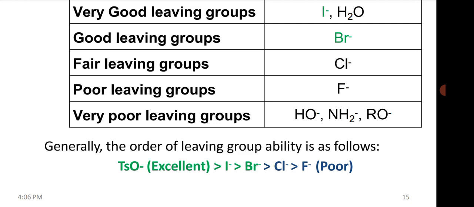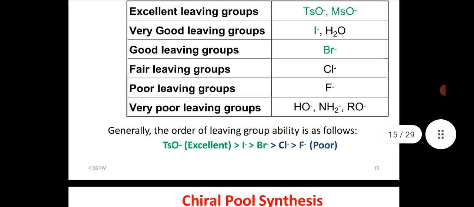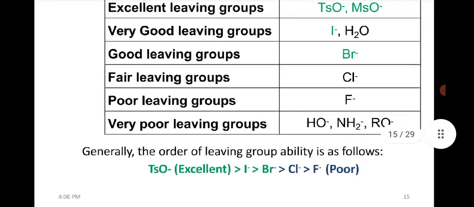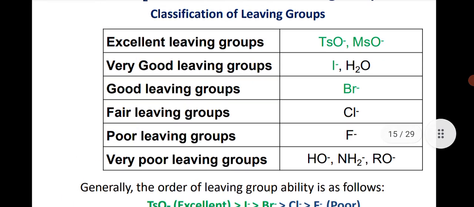In substitution reaction we have two types, SN1 reaction and SN2 reaction. Between these two, we decided the SN2 reaction is better for asymmetric synthesis. Why is it better for asymmetric synthesis? Due to its stereospecific nature.